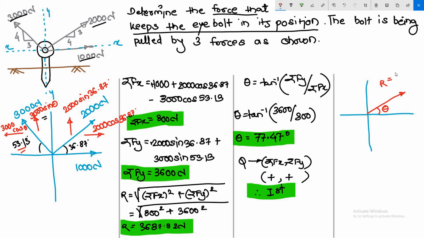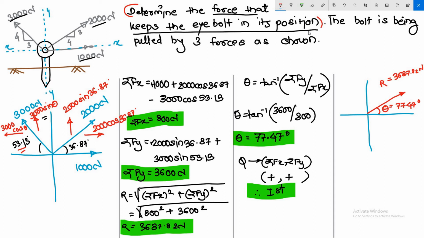What is the value of R here? R is 3687.82 Newton. How much is theta? 77.47 degrees. Now this is the last but one step in our specific problem. Here we want to determine the force that keeps the eye bolt in its position. Means we are not talking about the resultant here.